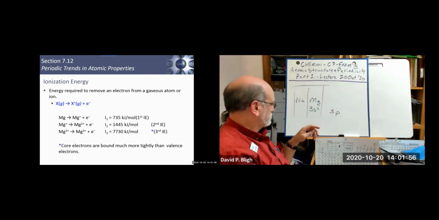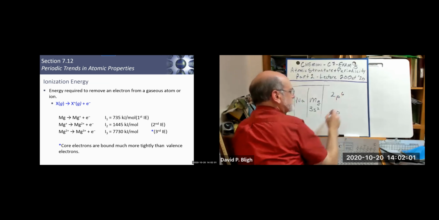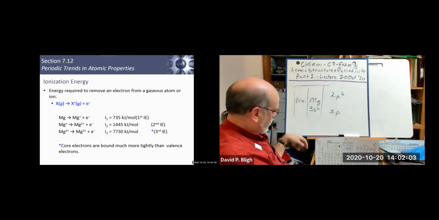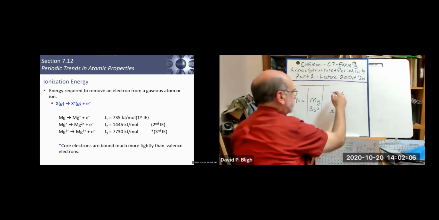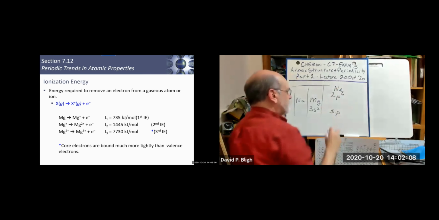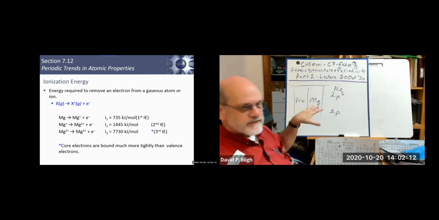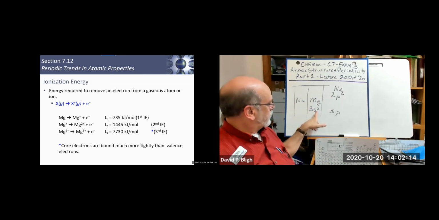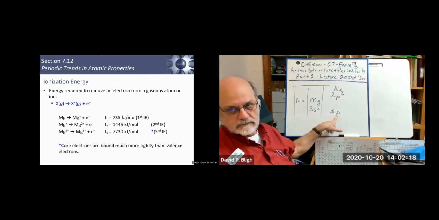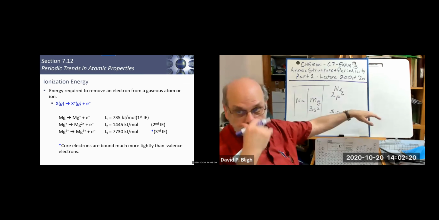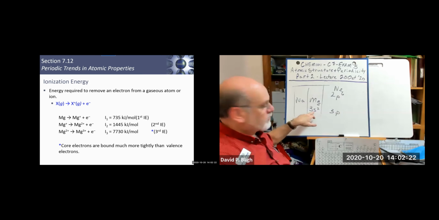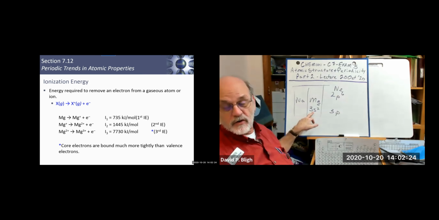Well, behind it is 2p. Right? So behind it would be neon. Now, the reason I'm putting that up there like that is to help you visualize. If you're removing electrons here, there are no p electrons. That's just saying that's what's beyond it. But if you remove one here, you still got another valence electron. So magnesium has 2 valence electrons available.